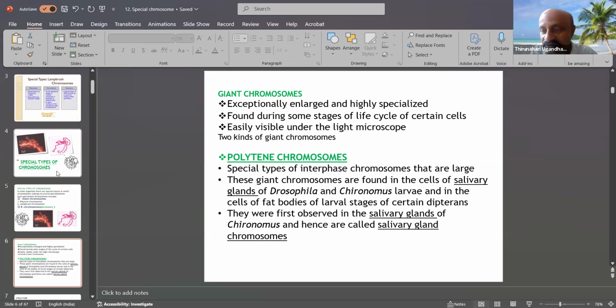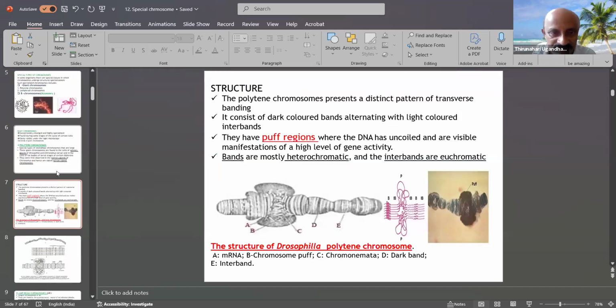The salivary glands release saliva, which digests carbohydrates through amylase enzymes.